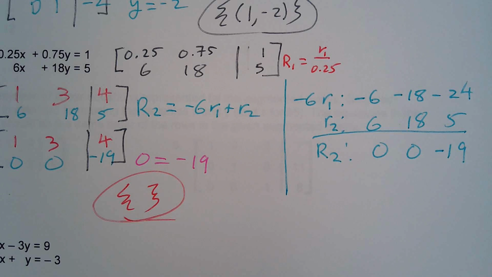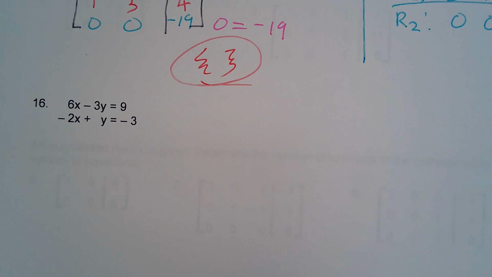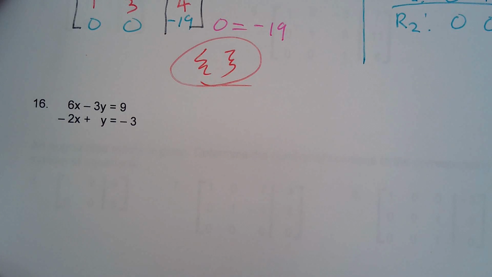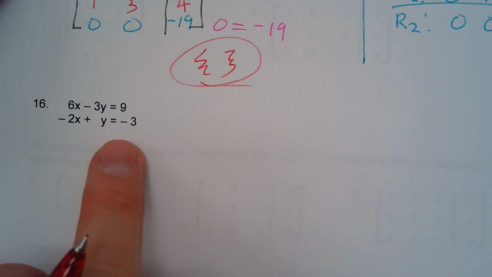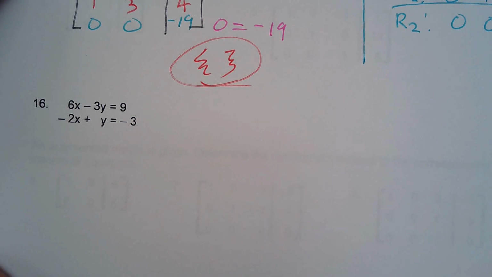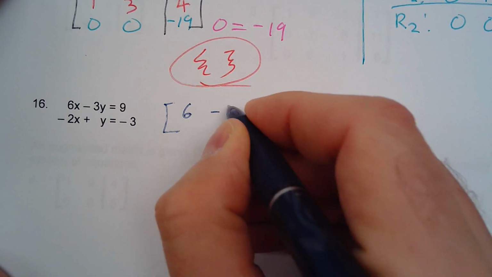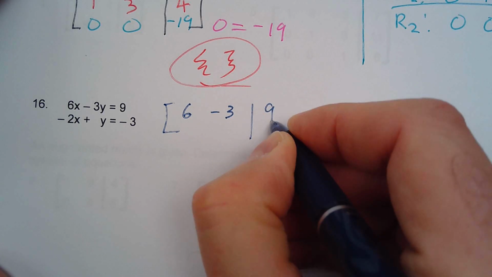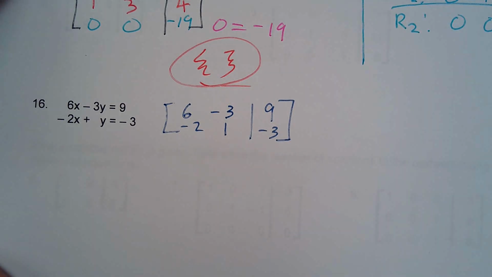All right. Let's try number 16. So number 16, we have 6x minus 3y equals 9, and negative 2x plus y equals negative 3. So we go ahead and write our matrix. And we want to get an entry of 1 in that first row and first column.